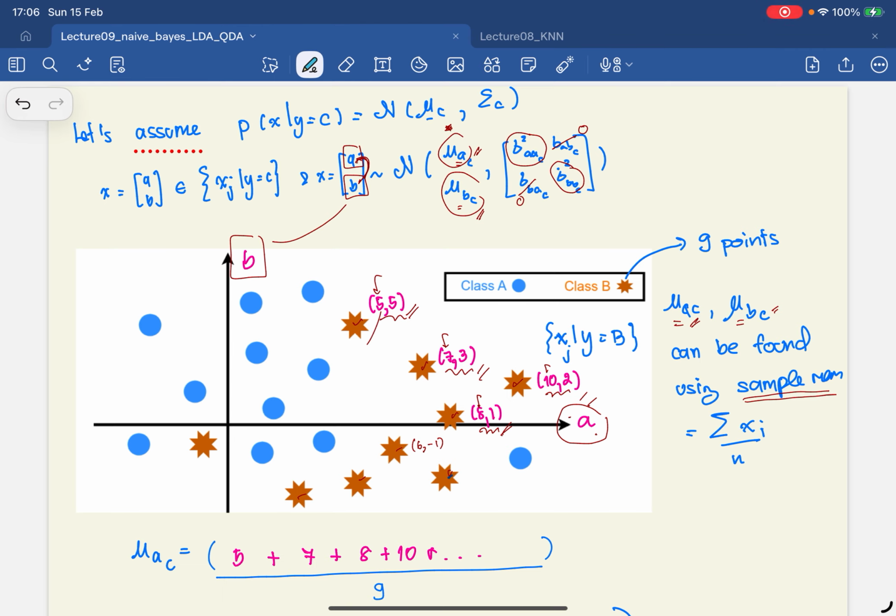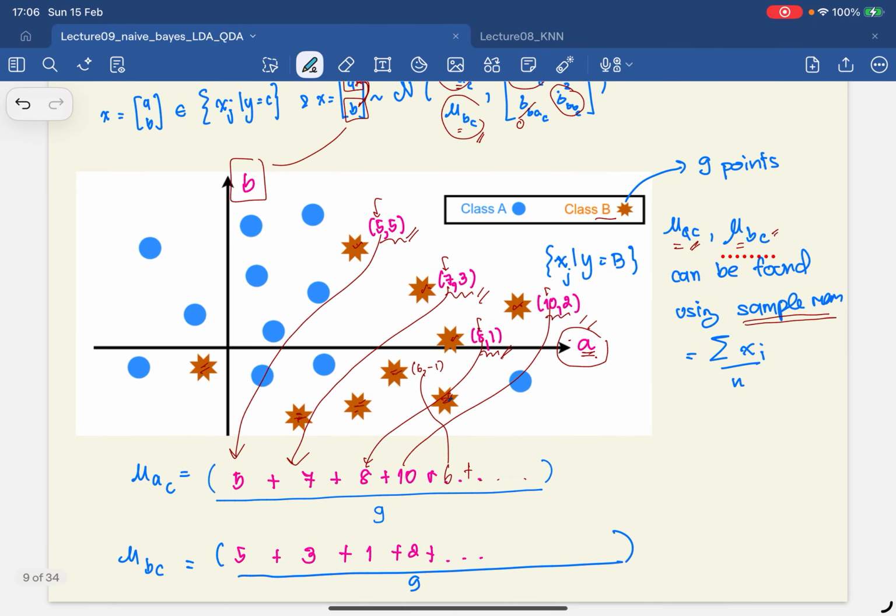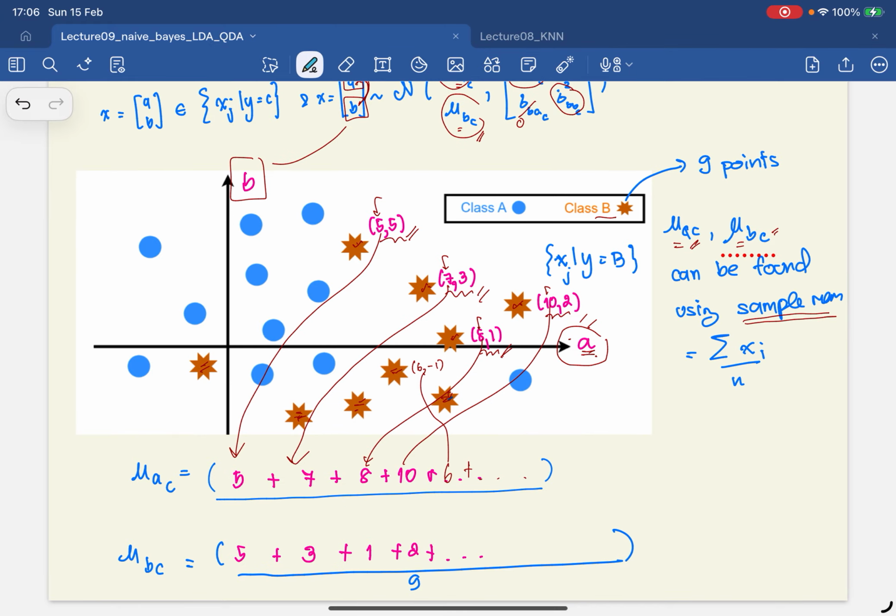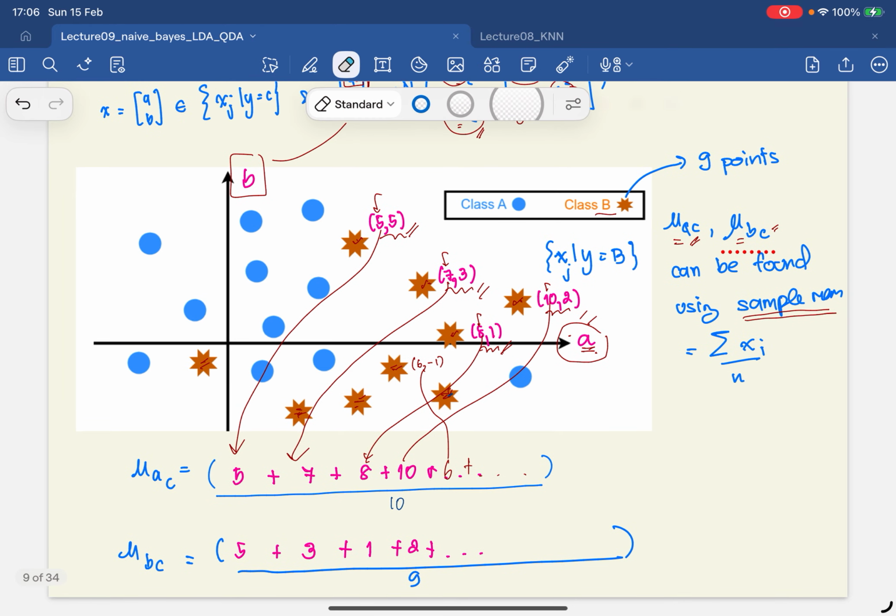And I can plug in 8, 10, and maybe add another one, 6, and so on. And I do the summation of the values on the A coordinate for all X in class B. How many of them are there, right? There are 1, 2, 3, 4, 5, 6, 7, 8, 9, 10. Sorry. And as a result, we can compute mu AC in this way: we take the sum divided by the total number of points.